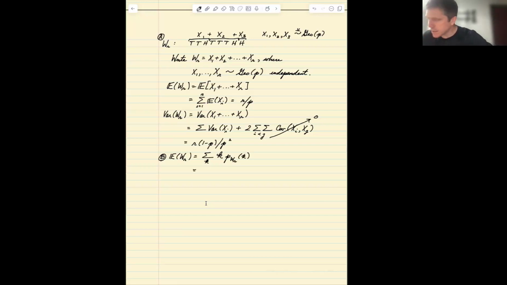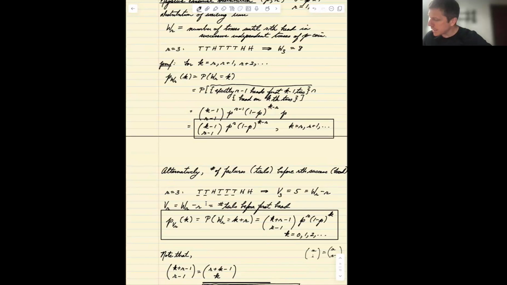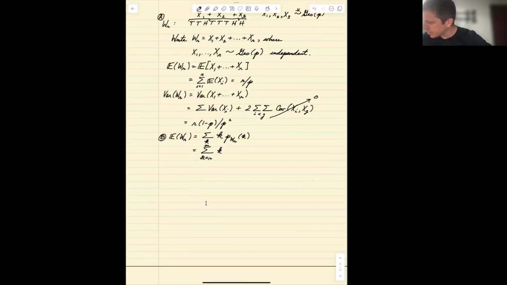So in this case, k goes from r to infinity, and the mass function for W_R we've already written down up here: K minus 1 choose R minus 1, P to the R, Q to the K minus R.